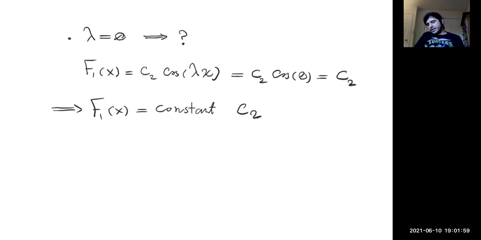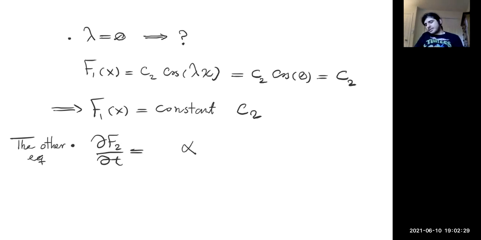Let's consider the other equation. We have another equation for f2. What was the equation for f2? The derivative of f2 with respect to t was equal to lambda squared times, oh, we can't have that. Sorry, I forgot. We can't even have that, because if lambda is equal to 0, remember, c was equal to minus lambda squared.